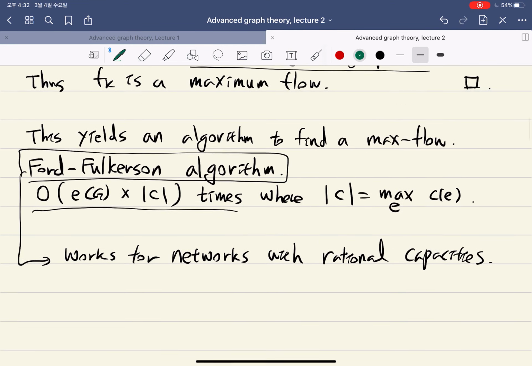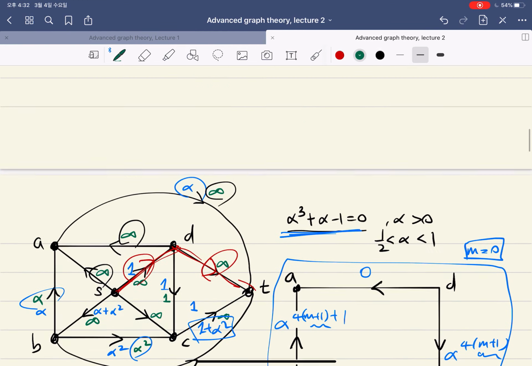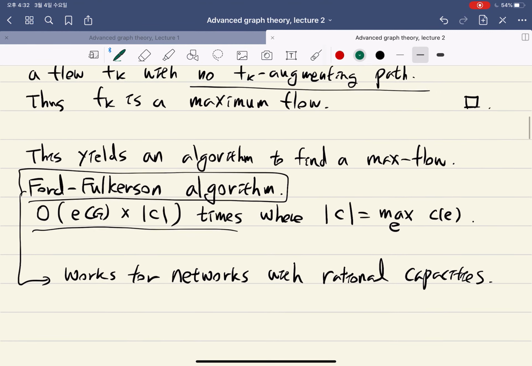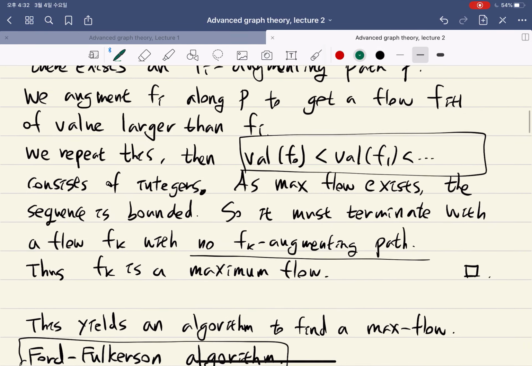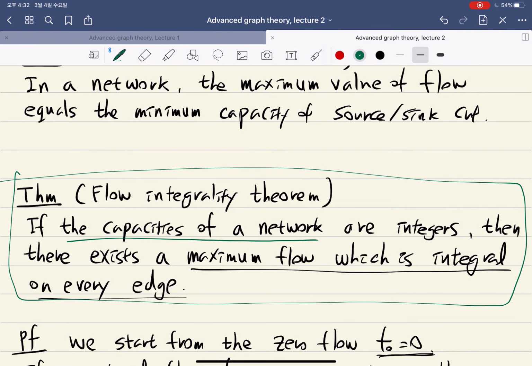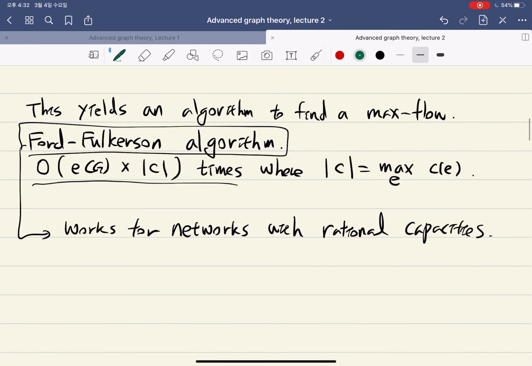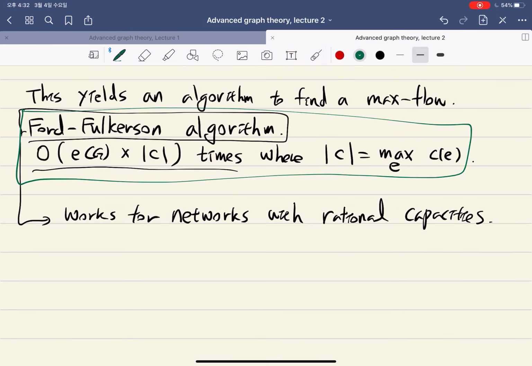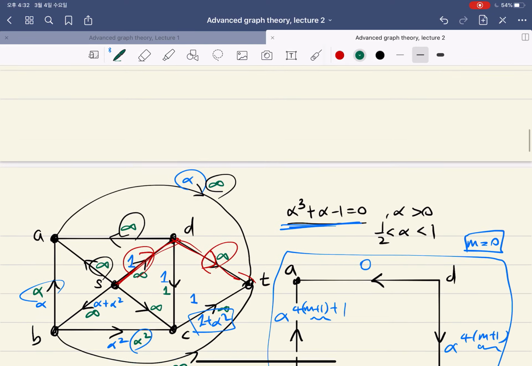But if the capacities are not integers, then the max flow might not be integral. The proof of this actually yields the Ford-Fulkerson algorithm. You take an augmenting path and augment, and you keep doing that. If all the capacities are rational, then this algorithm is good, but otherwise it may not terminate.